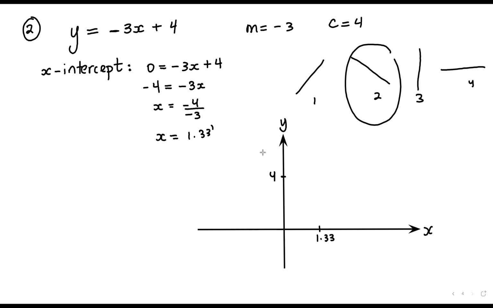The y-intercept is 4 and the x-intercept is 1.33. So this is what your graph would look like. This is the graph of y is equal to -3x plus 4. So guys, that's just one step further, finding the x-intercept. Once you have the equation in the form y is equal to mx plus c, you can read off the y-intercept. And to find the x-intercept, you simply make y equal to 0 and solve for x.